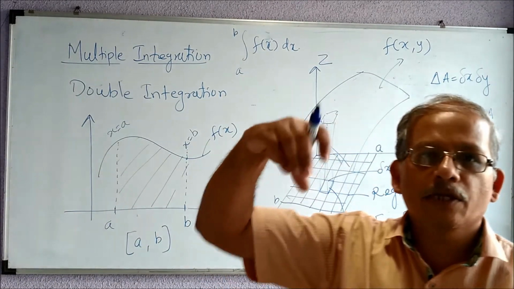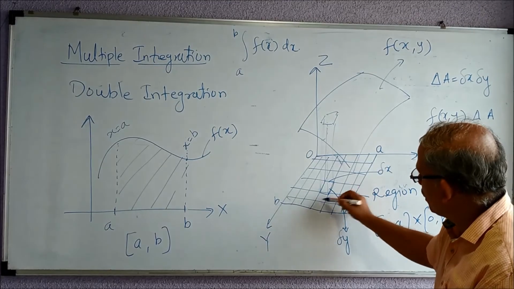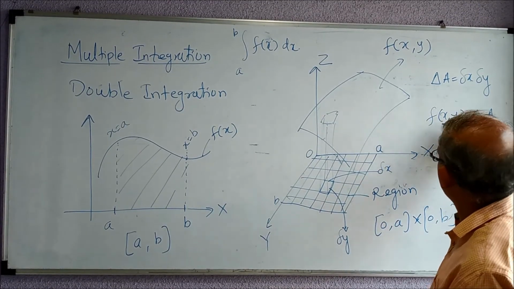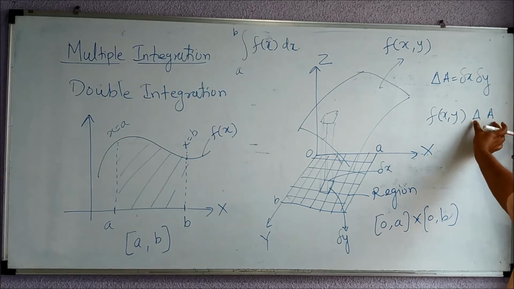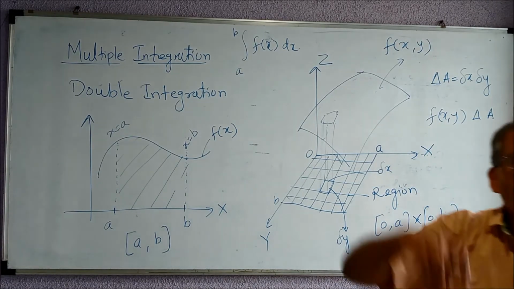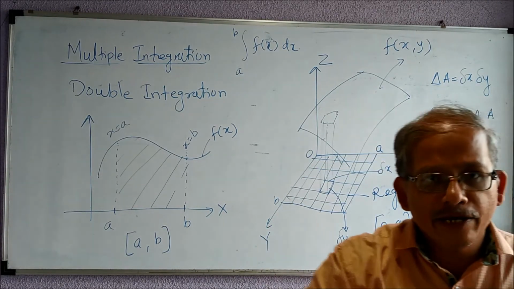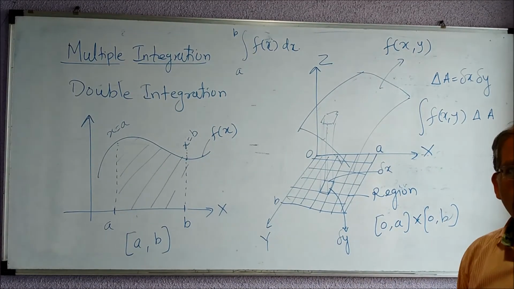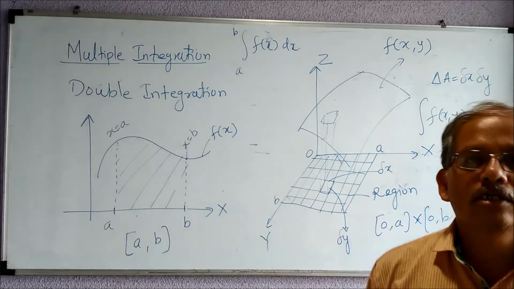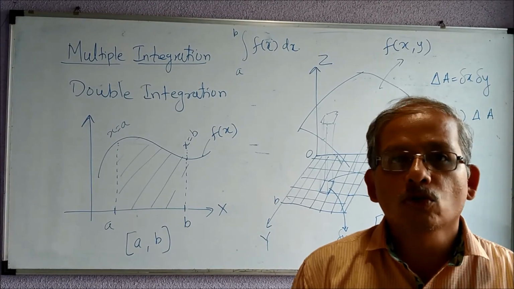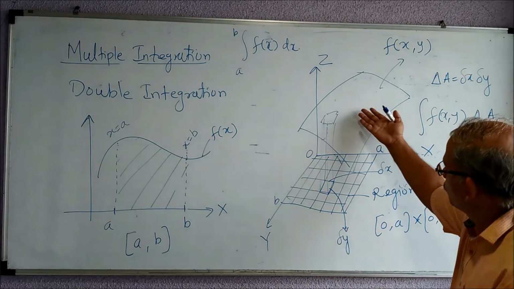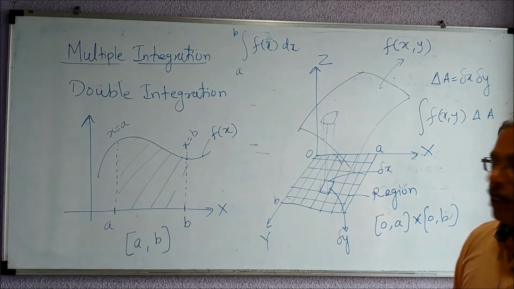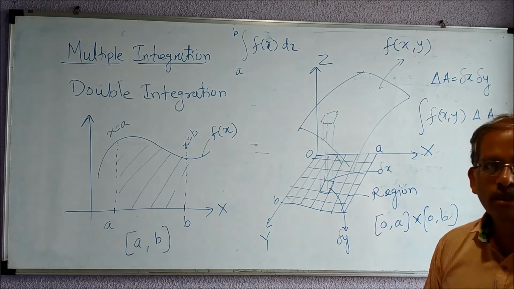The height is f of x, y and the base area is delta A, so base area into height gives the volume of the tube. If I add all these volumes, that means if I integrate them, I get the total volume under this curve over this region.